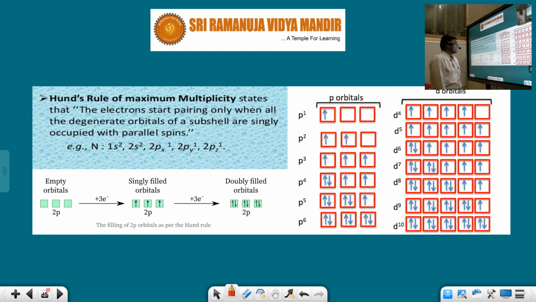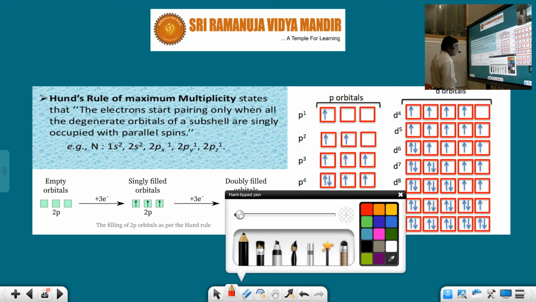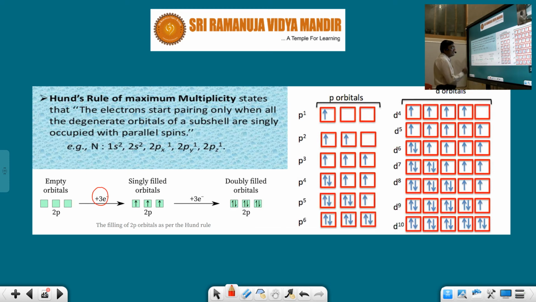You can have a look here. So here, first of all, you should be singly filled. You can see 3 electrons you are adding. So 1, 2, 3. So now then only pairing takes place. Next add 3 more electrons. Pairing takes place. You can see here first 1 electron, next 2 electrons you can write. You cannot write the other way. Okay. Next similarly p3. Next pairing takes place.